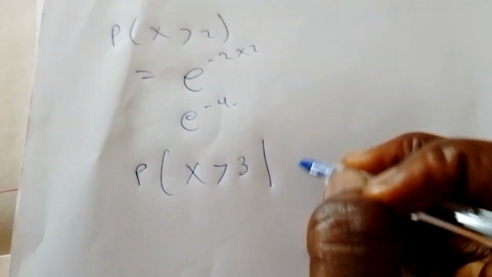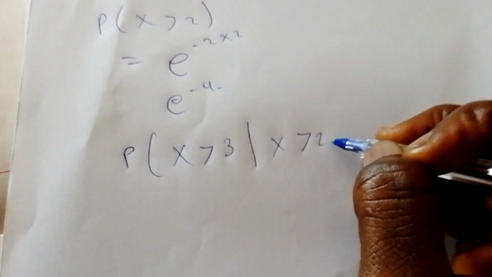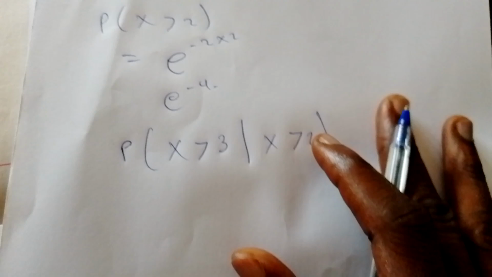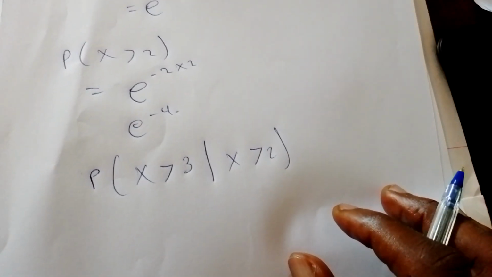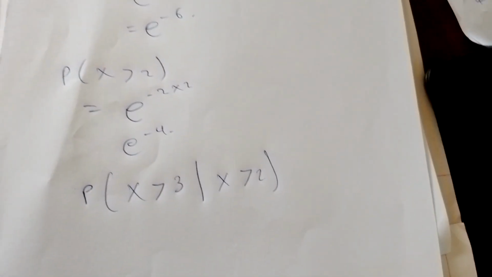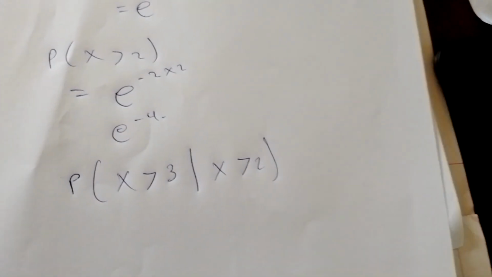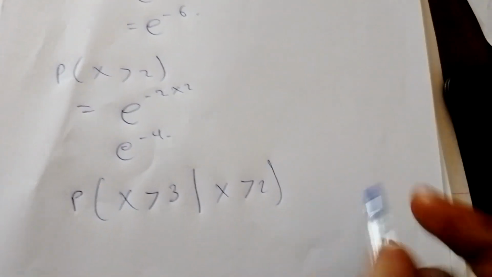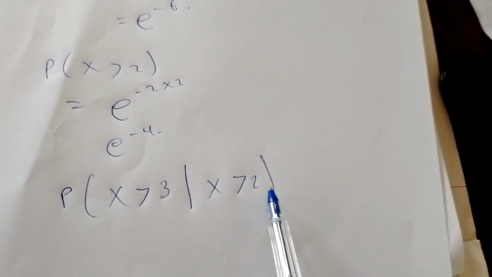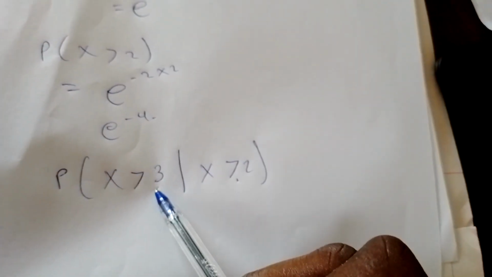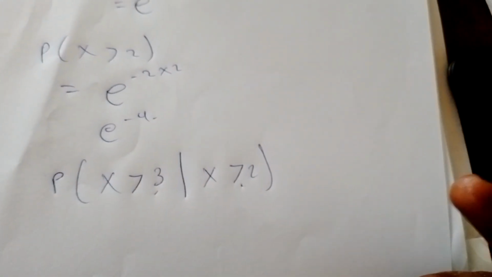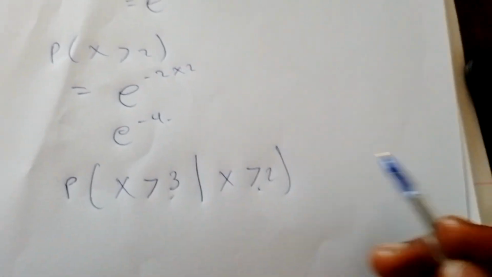Now for the third one, they want us to find the probability that x is greater than 3, given that x is greater than 2. How do we go ahead with it? We know the intersection will not really matter, because given that x is greater than 2, and we know x is greater than 3, then if x is greater than 3, it's definitely greater than 2.